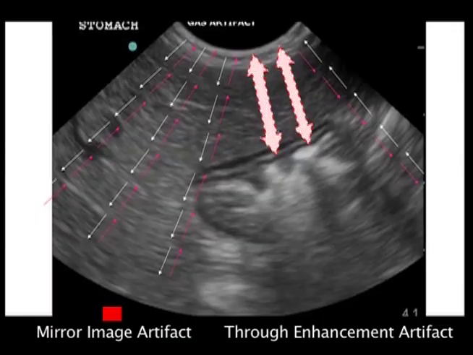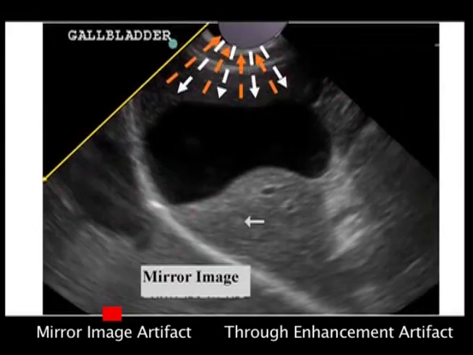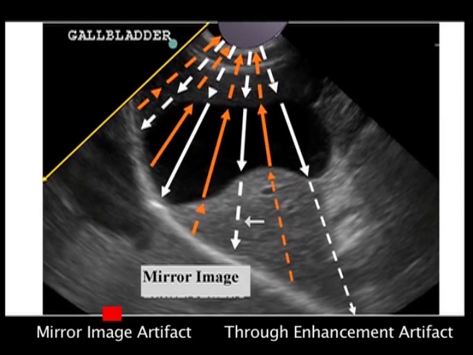In the Tips and Techniques DVD, we learn that gas strongly reflects the ultrasound beam. When imaging the liver and gallbladder, the ultrasound beam passes through and creates an image of the liver and gallbladder.